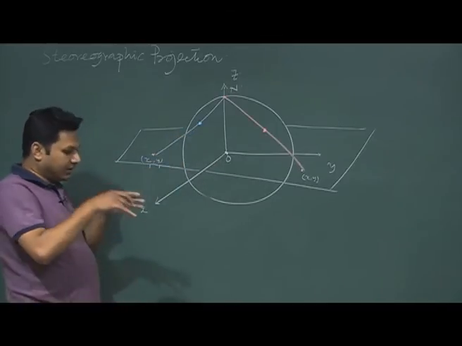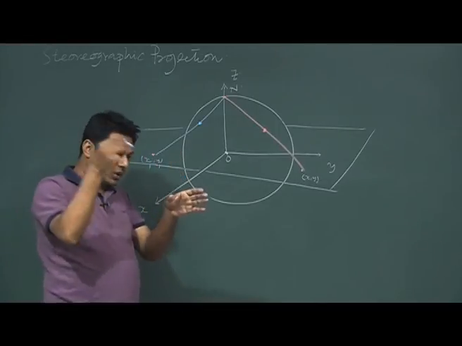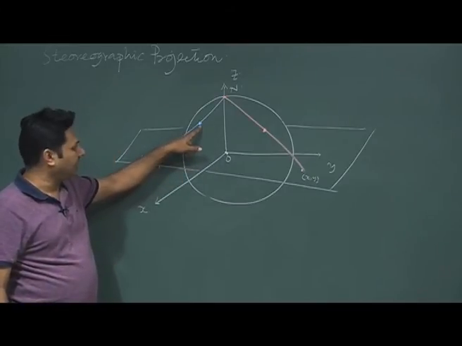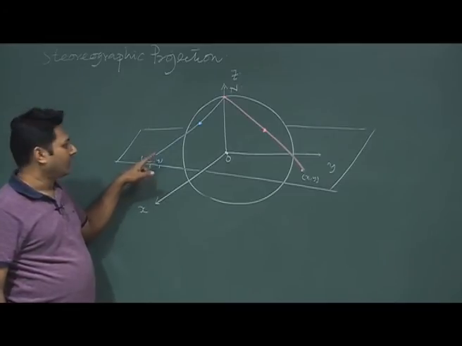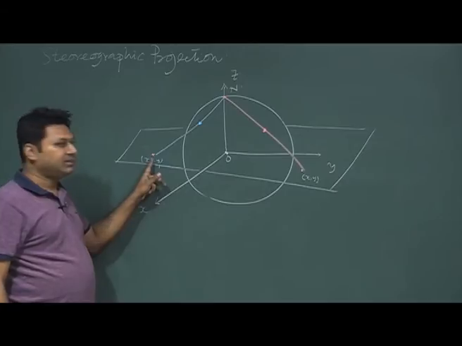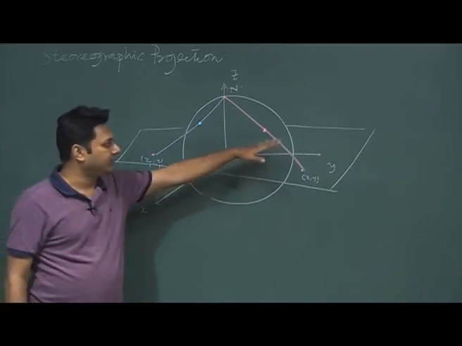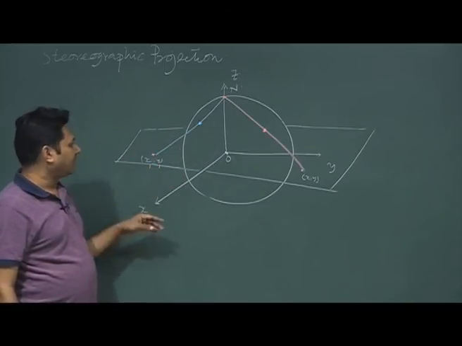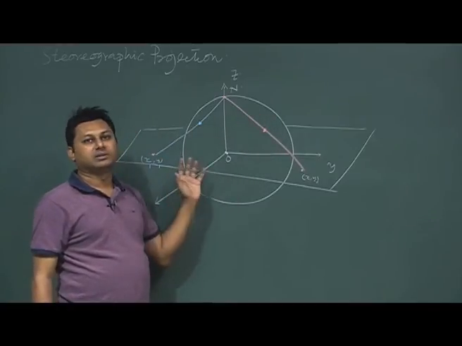So this is a sphere which is encircling the entire thing. I am drawing a line over the sphere and it cuts the sphere at some point and then goes to this point. So this cutting point is unique for this unique point. So for all the points over the plane, I will have a unique point over the sphere.